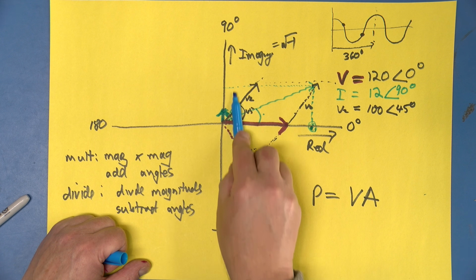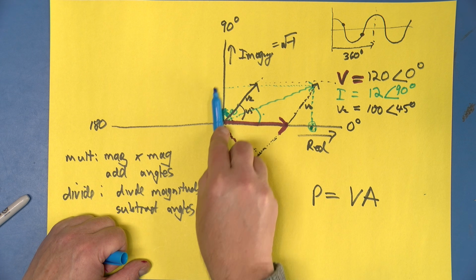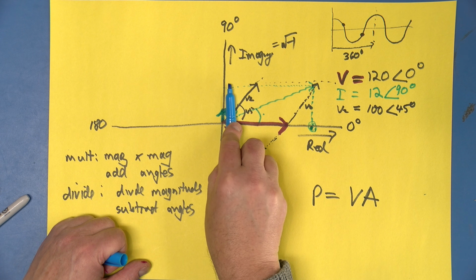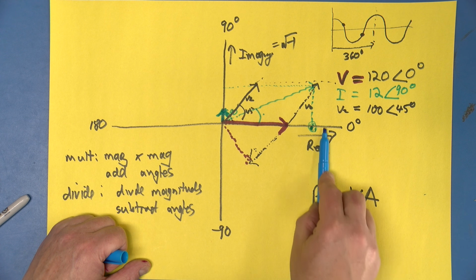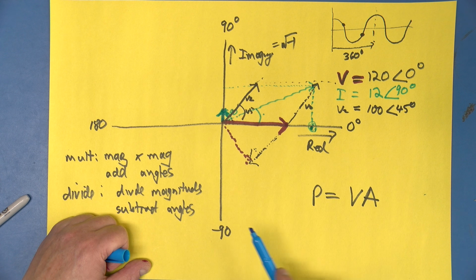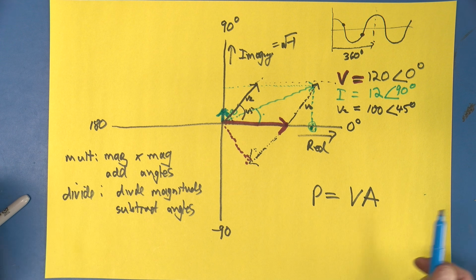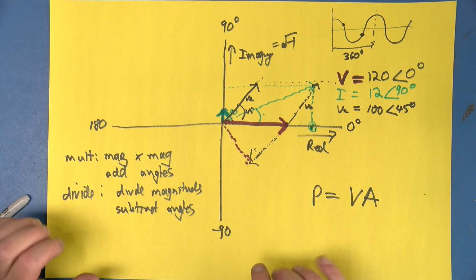So the imaginary axis, an imaginary number, corresponds to reactive power. The real axis, or the real part of the phasor, corresponds to real power. Isn't that cool? Well, I think that's enough of that right now.